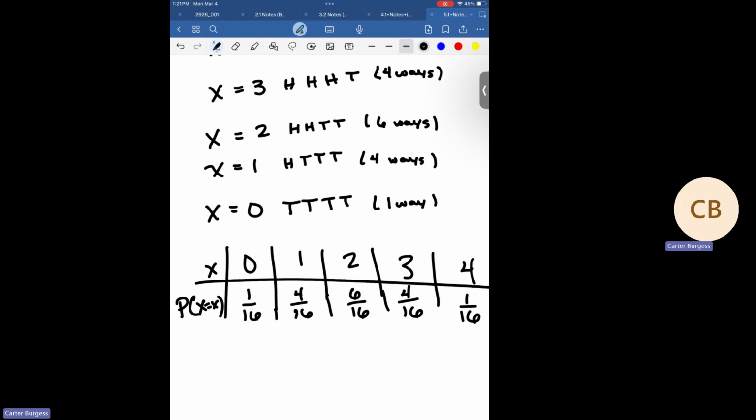Feel okay with where the table itself came from? Why the probabilities are what they are? Just number of outcomes over number of total possibilities, the likelihood that we see a particular type of outcome.